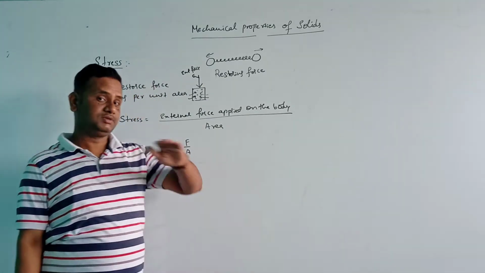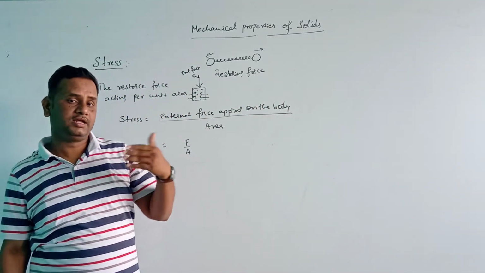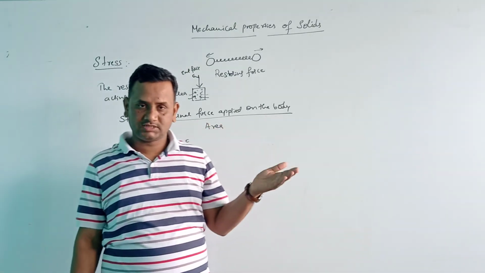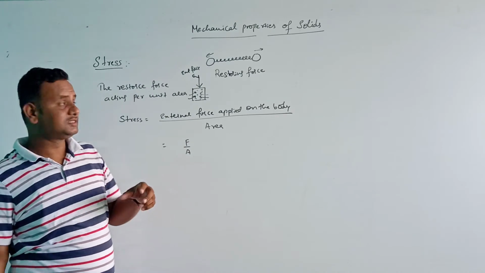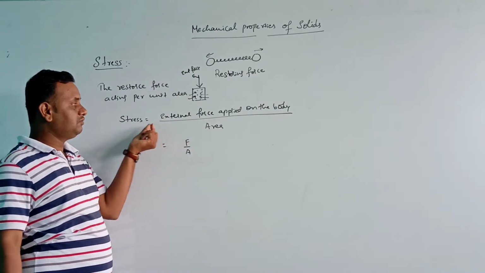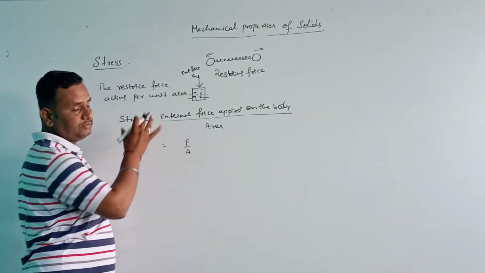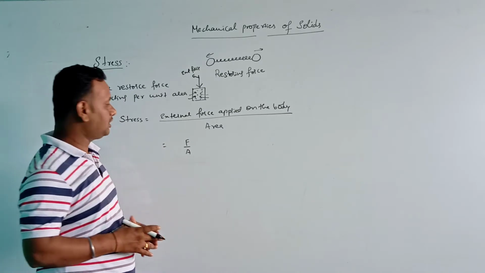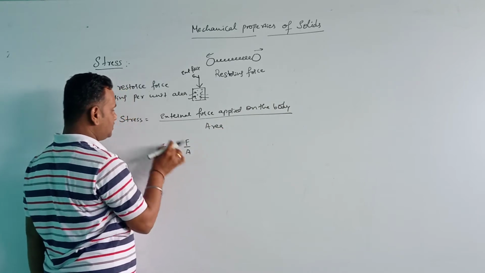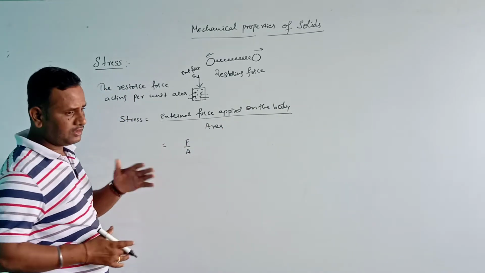Now stress does not mean the kind of stress we use in our everyday life. That is not the type of stress we are discussing. We are in physics, especially in solids, and this type of word is being used. So external force applied on the body per unit area is called stress.